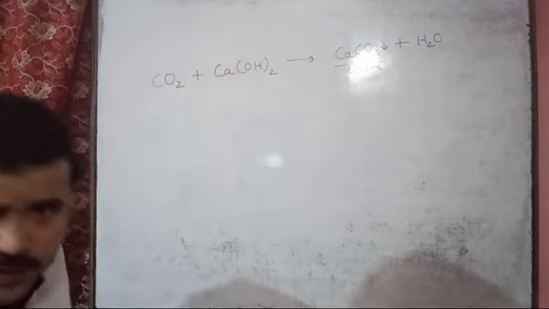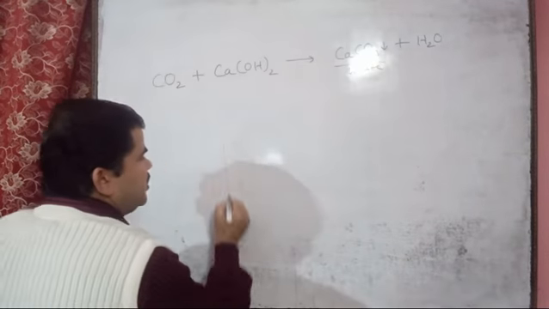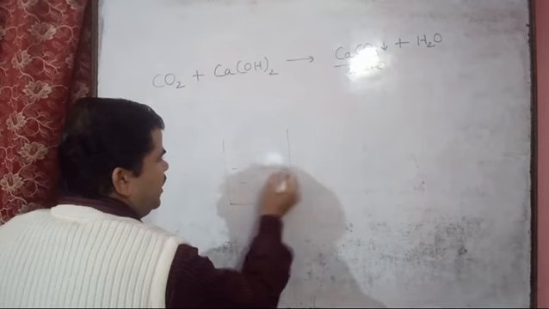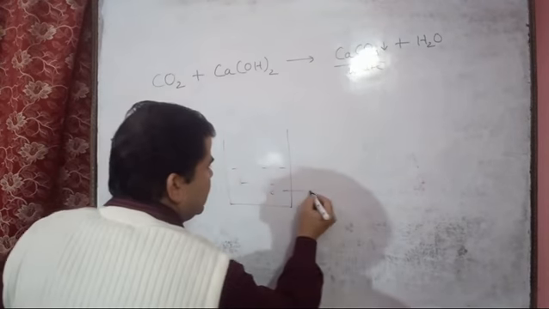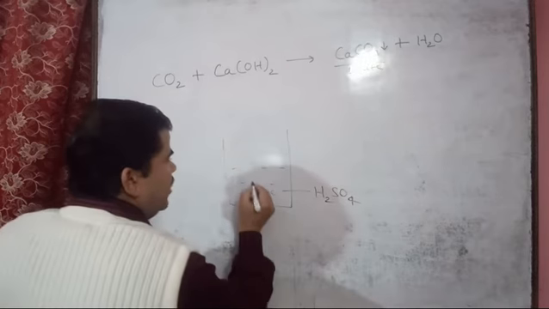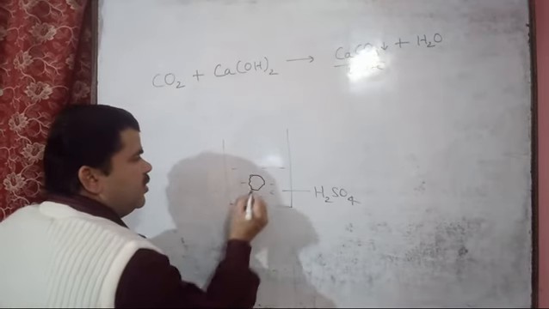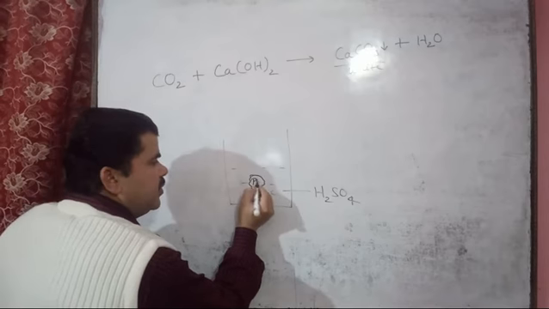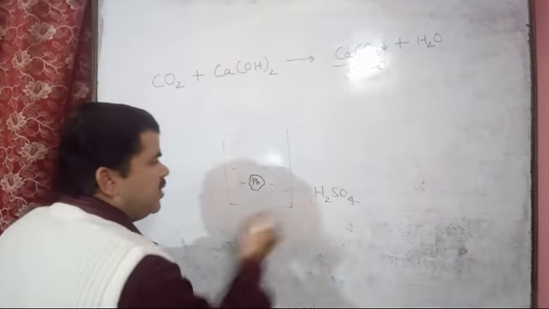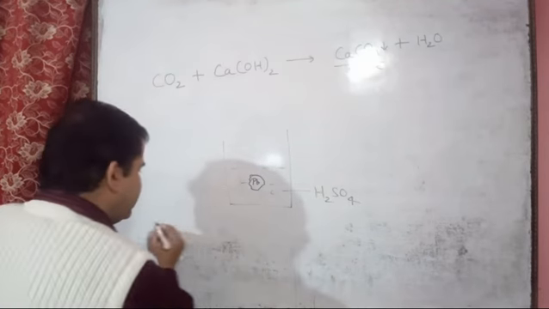Lead we will not consider for the preparation of hydrogen, because suppose you take an acid, say H2SO4, and suppose this is the lead. Lead reacts with the H2SO4 and this gives lead sulfate.